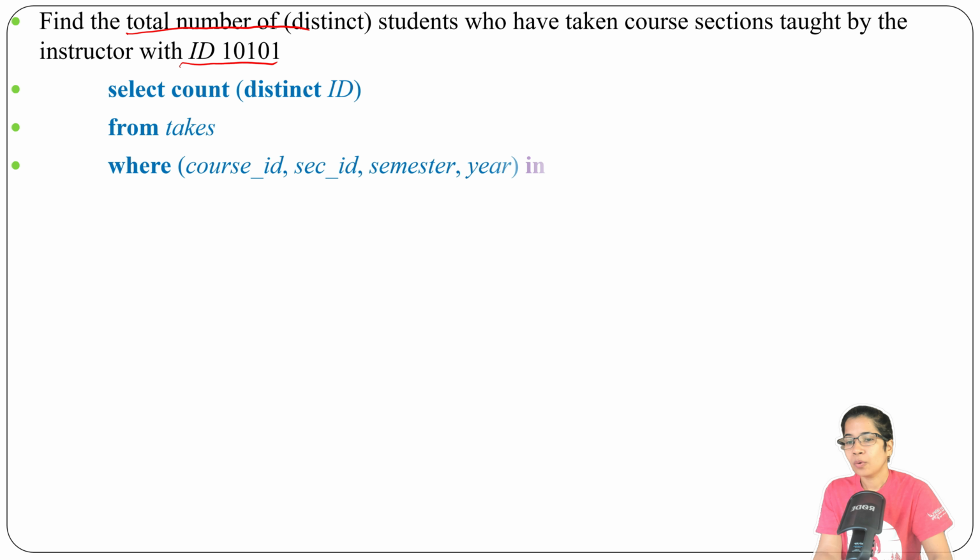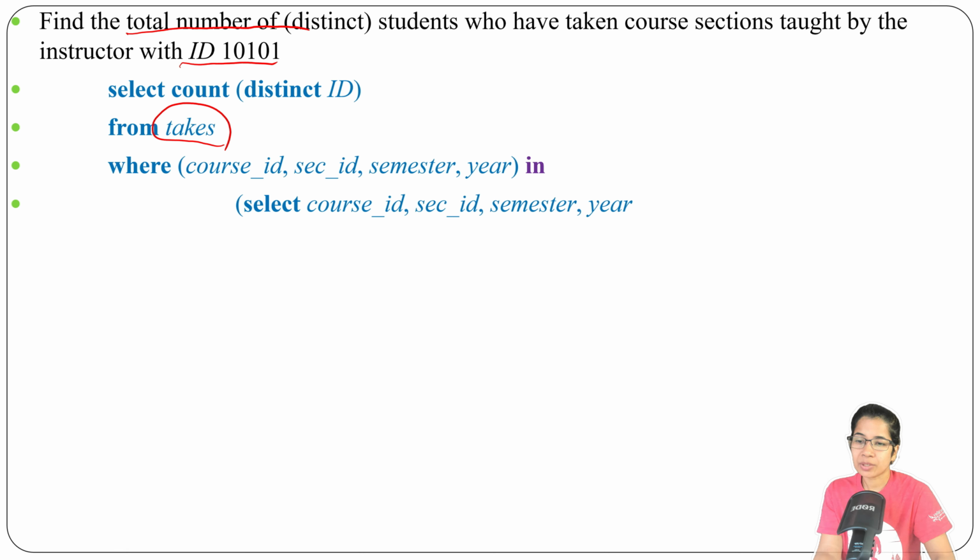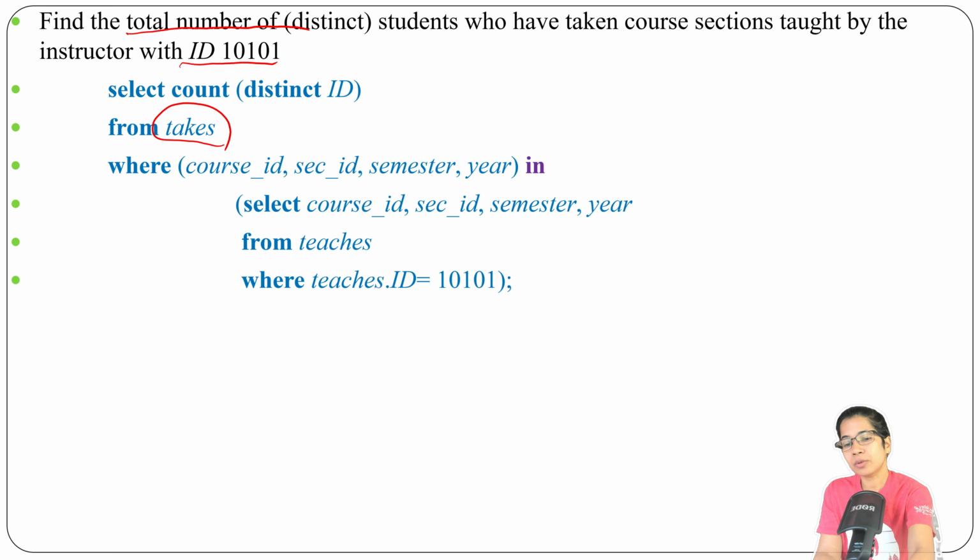From takes where course ID, section ID, semester, year in, then select course ID, section ID, semester, year from teaches where teaches ID equals 10101. It will count the number of students who are taught by instructor ID equals 10101.